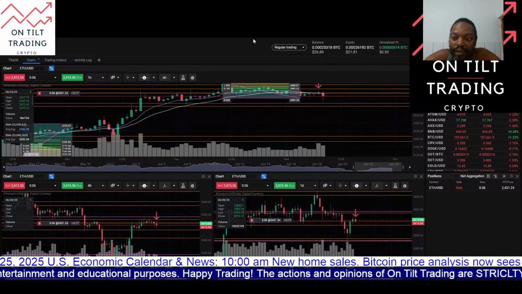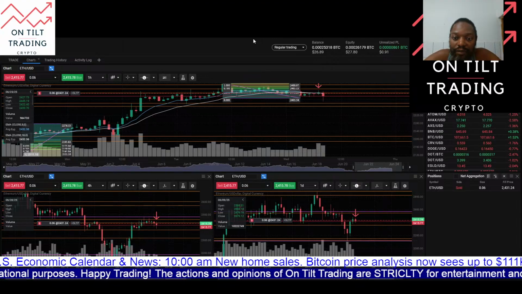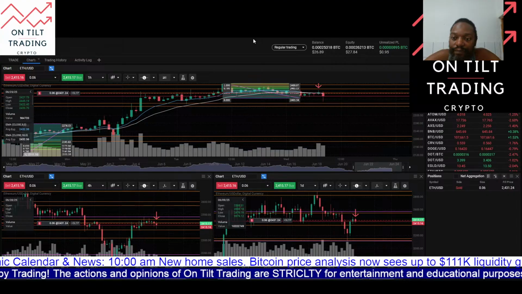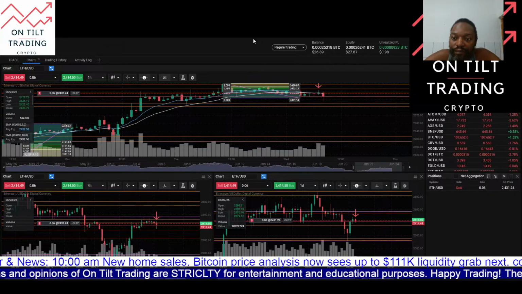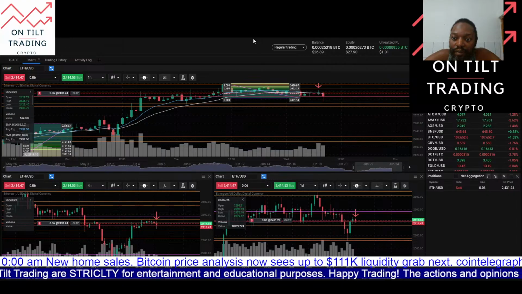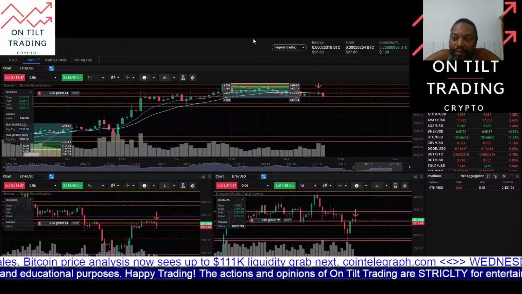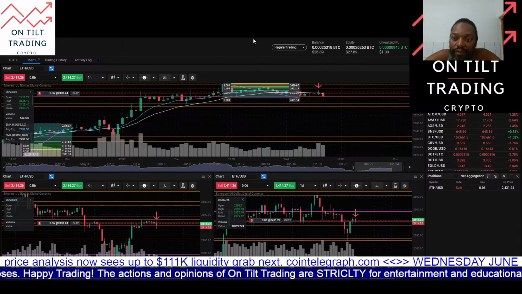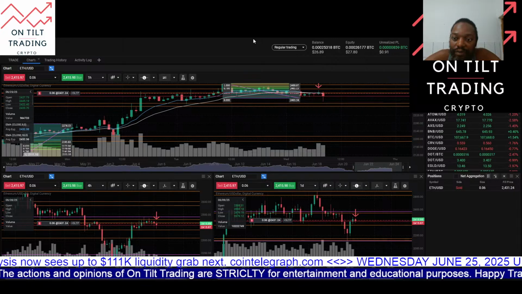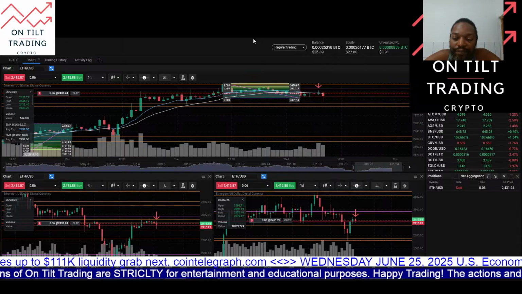Price consolidating here. Some sell side delivery. More sell side delivery. Price at the 24.14 level. Now back at 24.16. Consolidating.